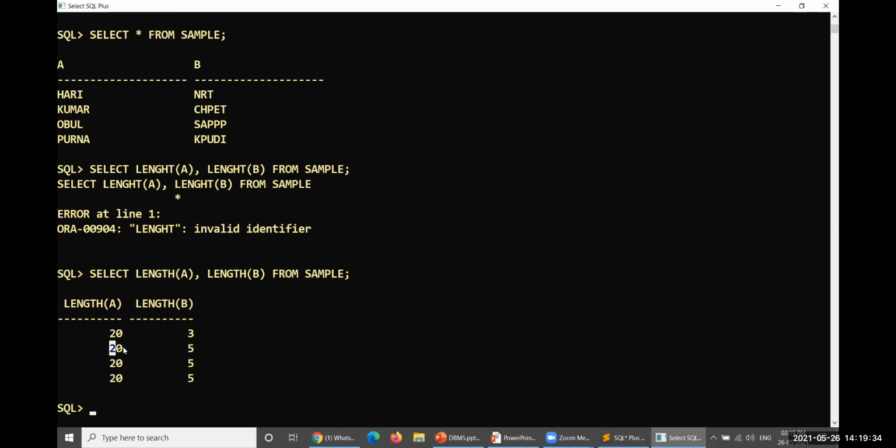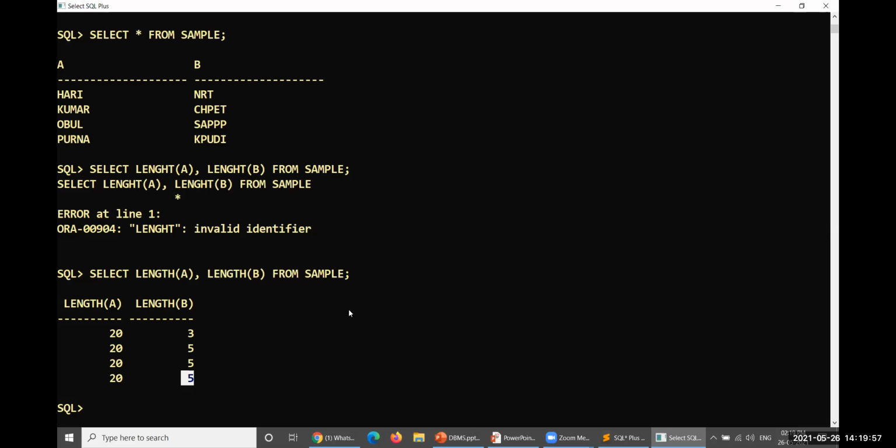So it is 20 bytes, 20 bytes, 20 bytes, 20 bytes. Whereas VARCHAR2 takes only the number of bytes the actual data uses, and the remaining bytes will be released for further purposes. You can see 3, then 5, 5 and 5.